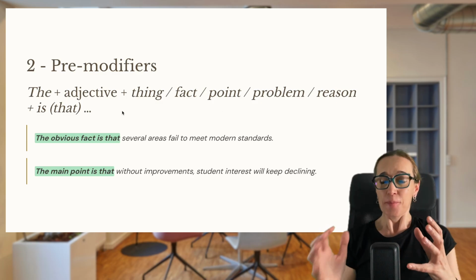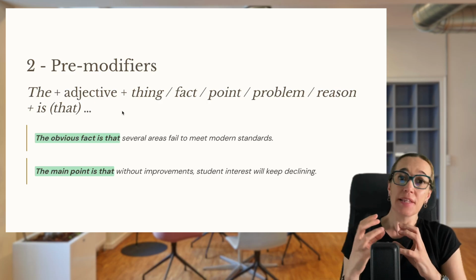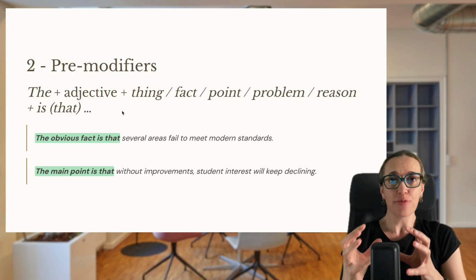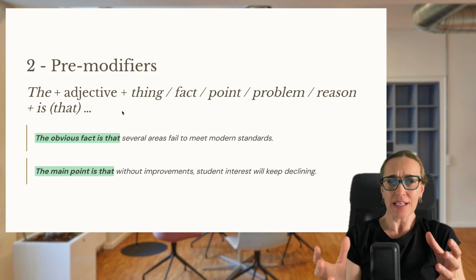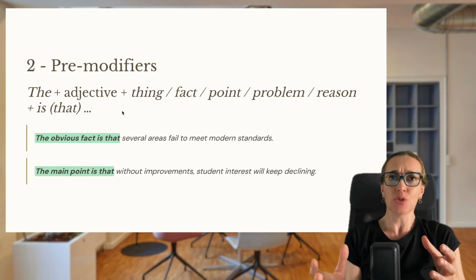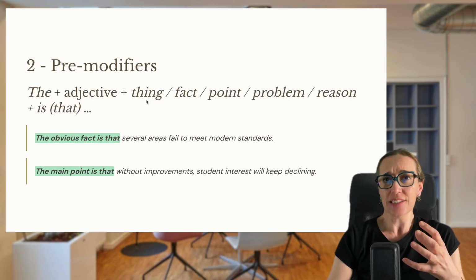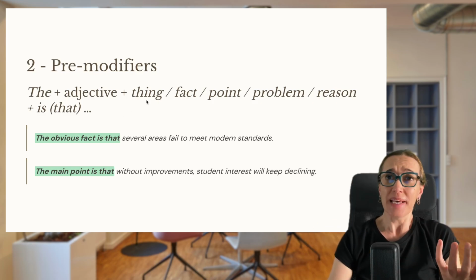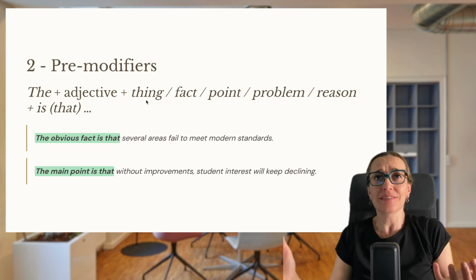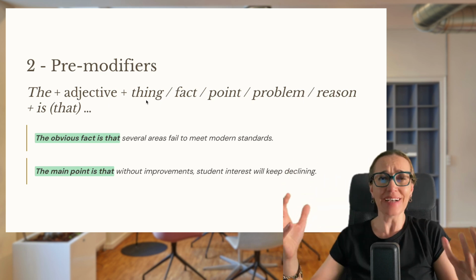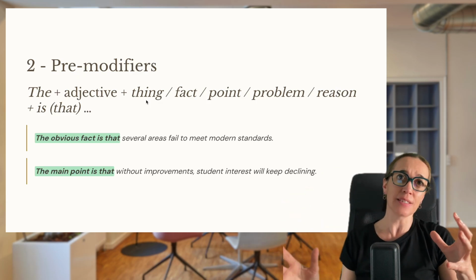And pre-modifiers help you highlight and emphasize the main idea in a really formal way. And they vary, as you see in these two examples. Just use any of these that suit your argument best. So I've got "the important point is that", or "the undeniable fact is that", "the most pressing reason is that".